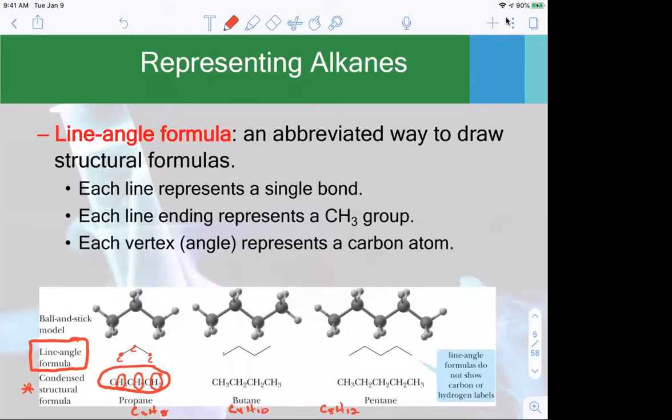So again, I have 1, 2, 3, 4 carbon atoms connected to each other. And then all of those hydrogens are assumed to be there. So I don't actually show the C for carbon atoms or the bonds and the H for hydrogen atoms as well.